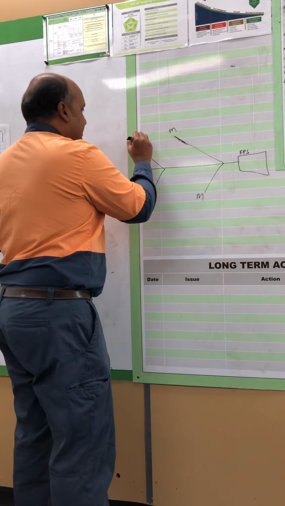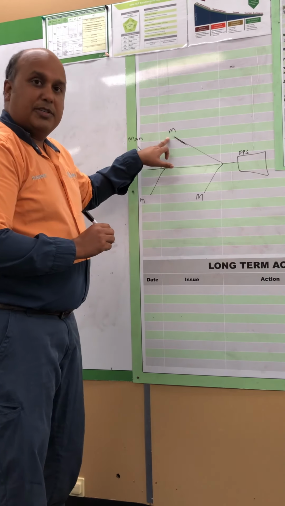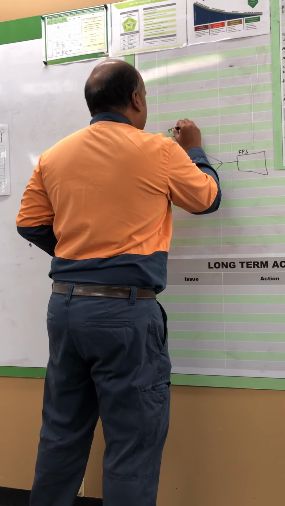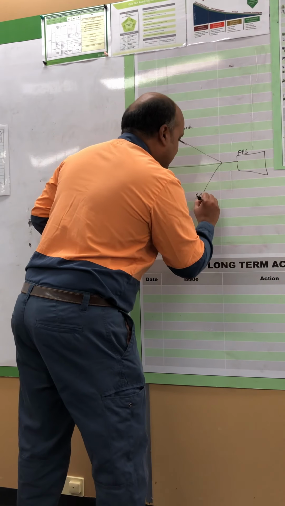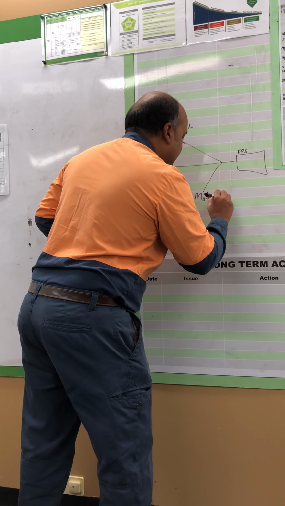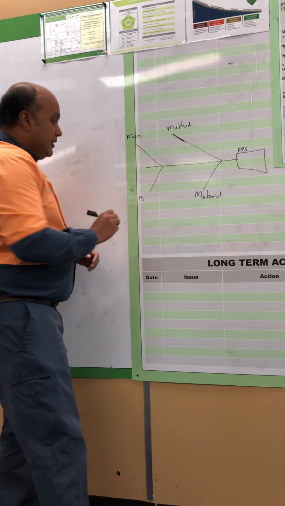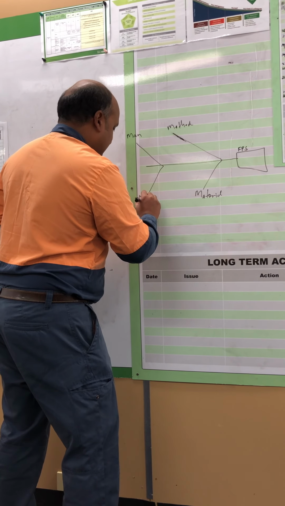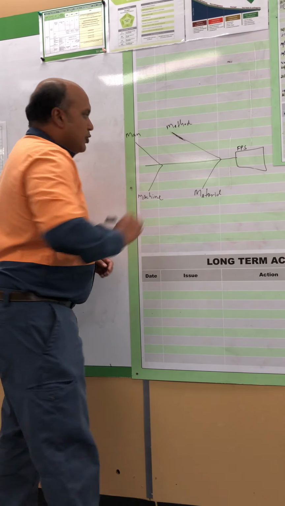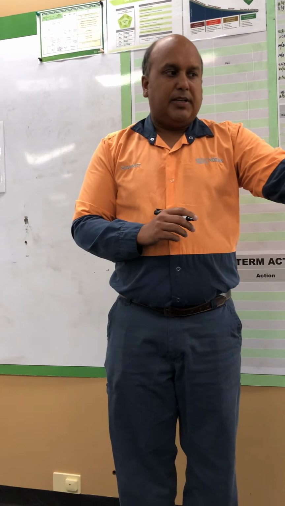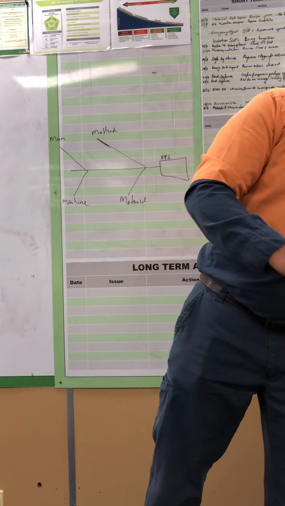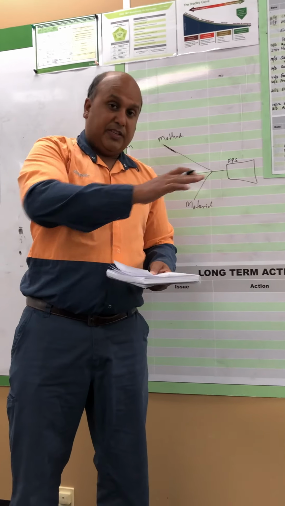So the first one, yes, man, that's right. The second one, method, that's it. We have the material, and the last one would be machine. That's it.